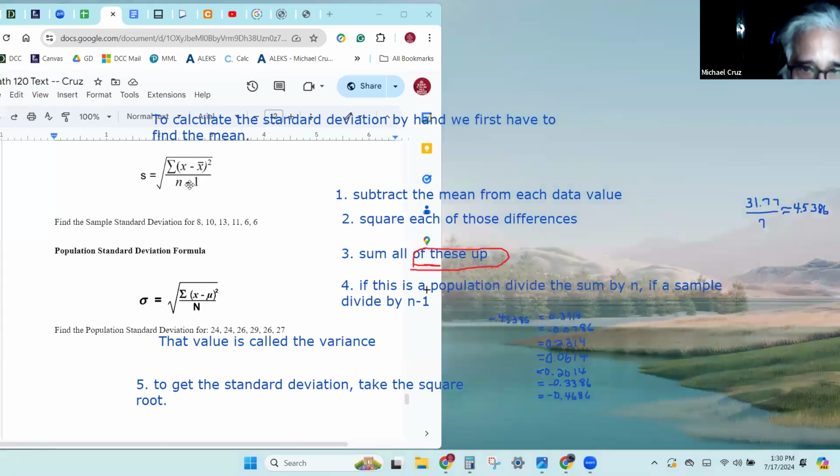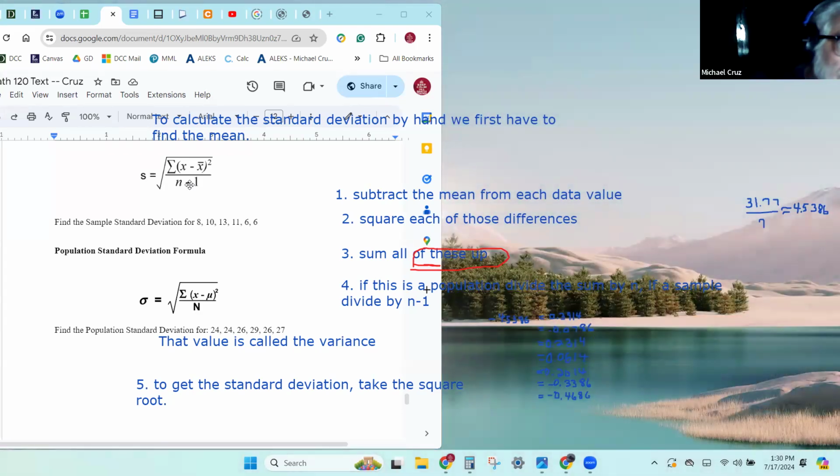All right. Now, if it's population, I divide by n, in other words, how many pieces of data there are. If it's sample, I subtract 1 from that n. So if the n was 7, then for the sample, I would divide by 7 minus 1, which is 6.